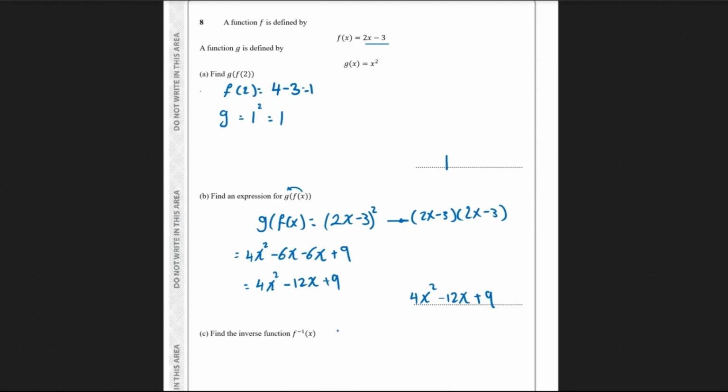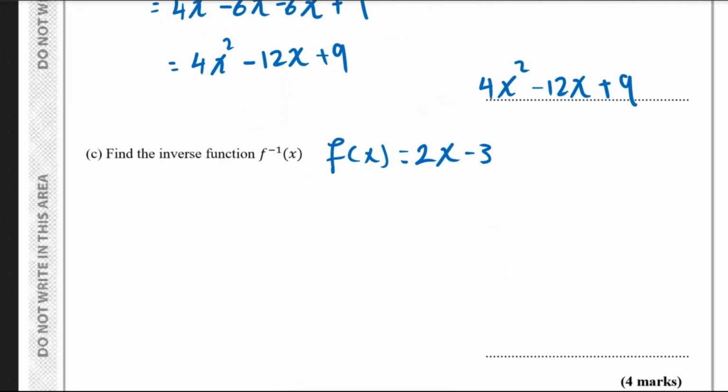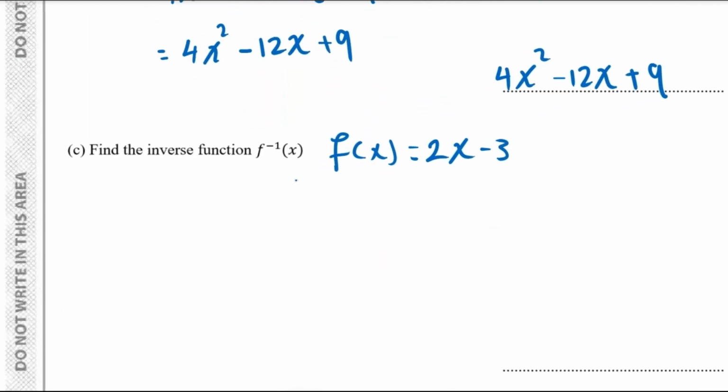So the function of x equals 2x take away 3. Let's zoom in here. So y equals 2x minus 3, that's what we mentioned a few seconds ago. Change the subject to make x the subject. It's quite straightforward.